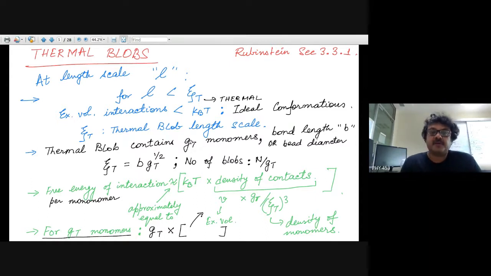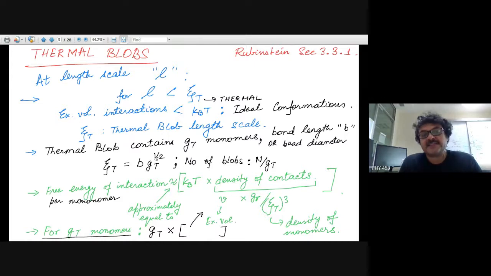G is the number of monomers which constitute a segment of the entire polymer chain. And b, as we discussed in the previous slide, is the bond length or the bond diameter. Then zeta T will be equal to b into G to the power half.